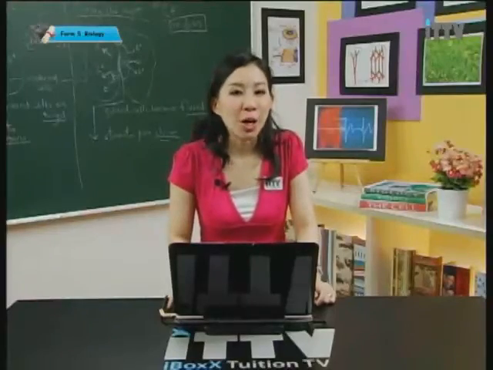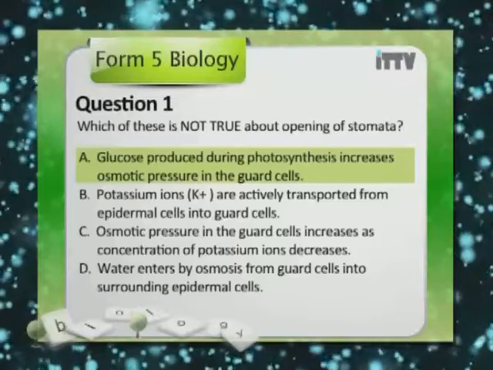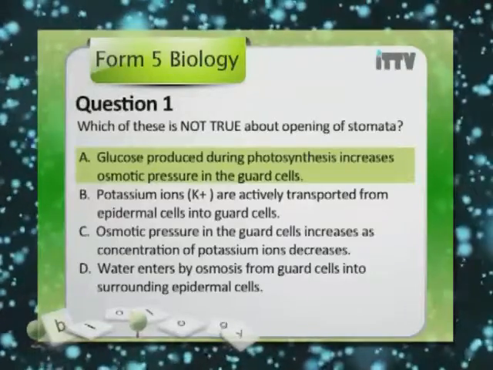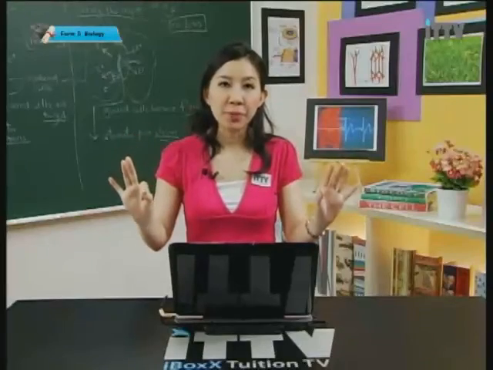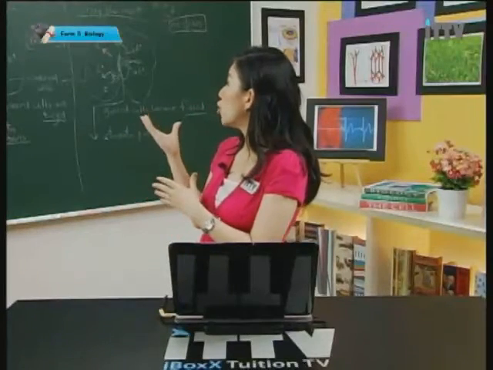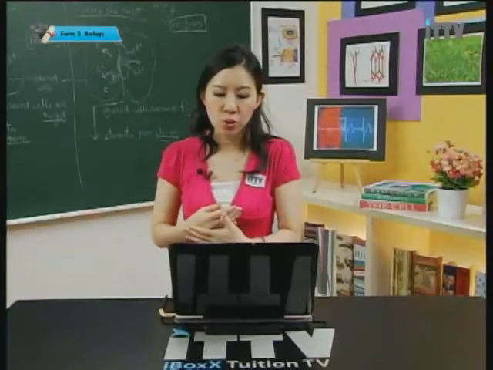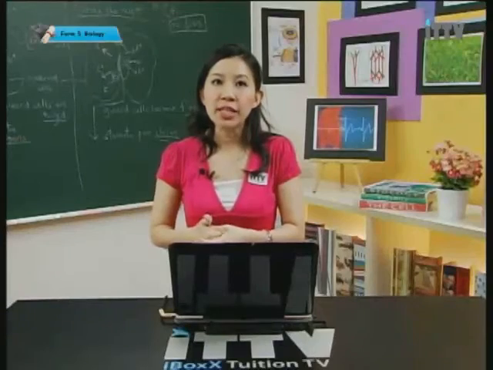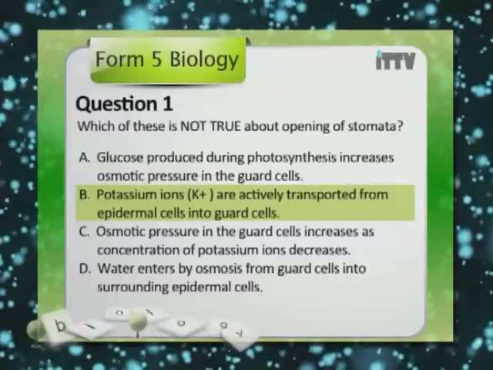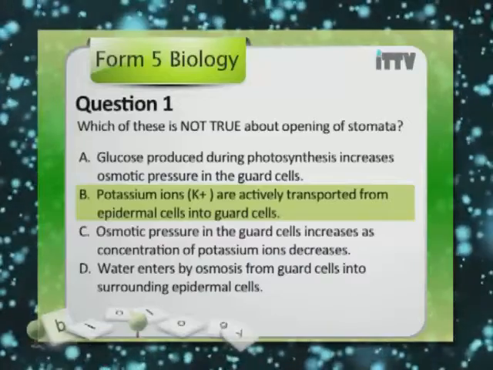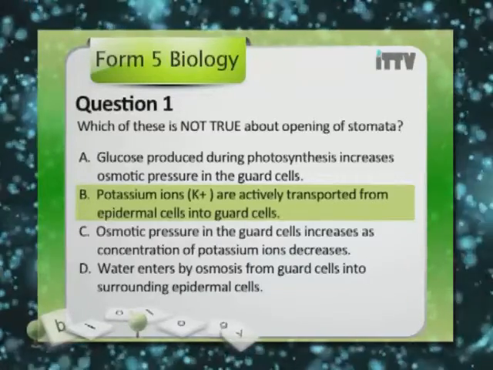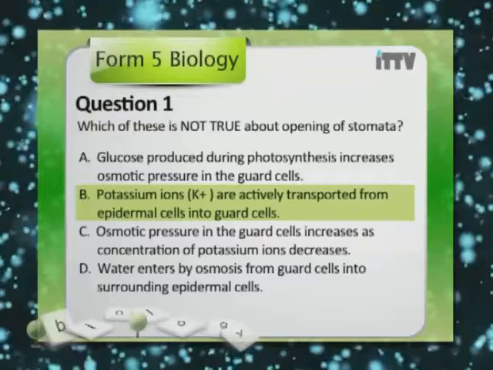Okay, let's run through the options. A. Glucose produced during photosynthesis increases osmotic pressure in gut cells. That's true for sure. That glucose increased concentration, as even if I drew on the board glucose or sucrose, now it would actually increase in concentration. Now B. Potassium ions are actively transported from epidermal cells into gut cells.